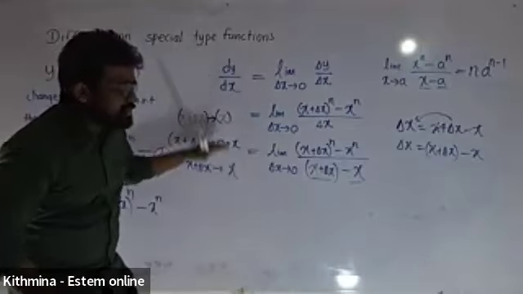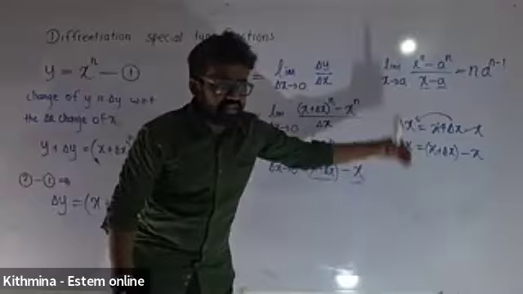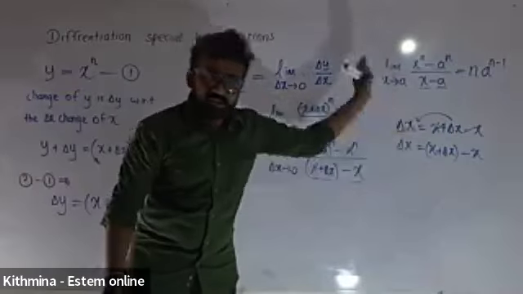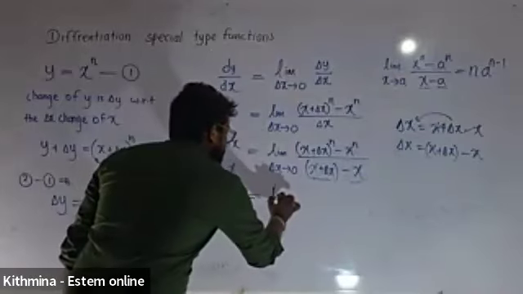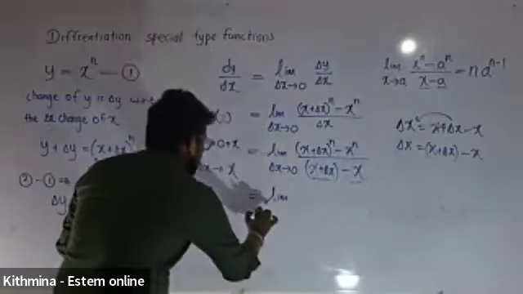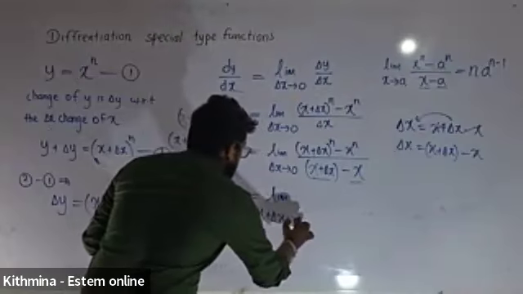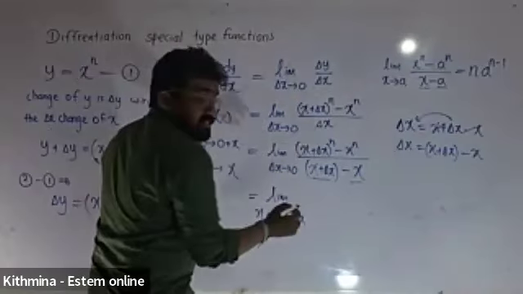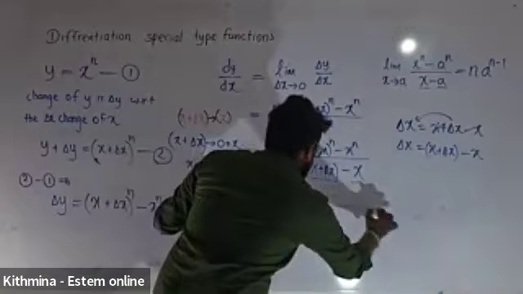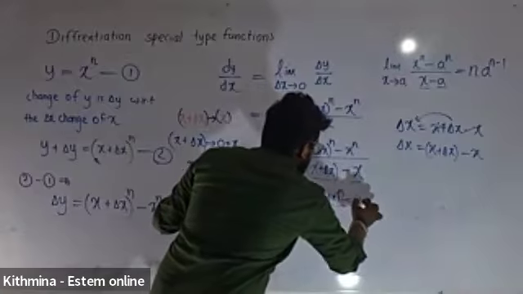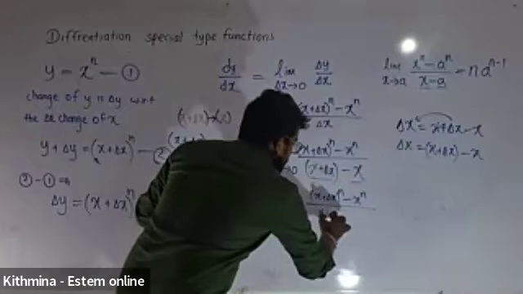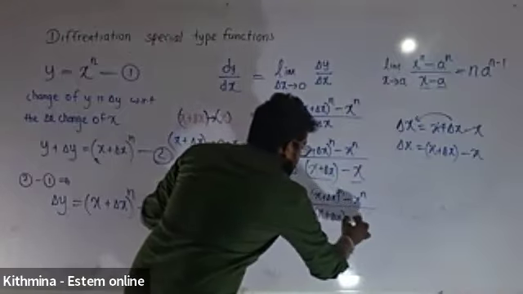Please write these things on the side, in your simplification paper. Now you can write this limit. Now all are okay, x plus delta x goes to x. Write this: (x plus delta x)^n minus x^n over (x plus delta x) minus x.